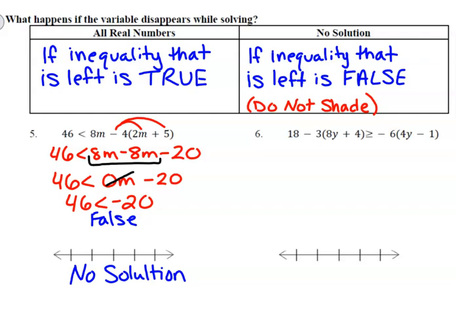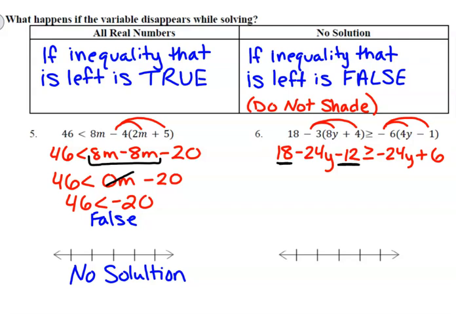If I take the same approach to question 6, again, I've got parentheses, so let's distribute. Negative 3 times 8y is negative 24y. Negative 3 times 4 is negative 12. Negative 6 times 4y is negative 24y. Negative 6 times 1 is positive 6. Here I have like terms 18 and negative 12.